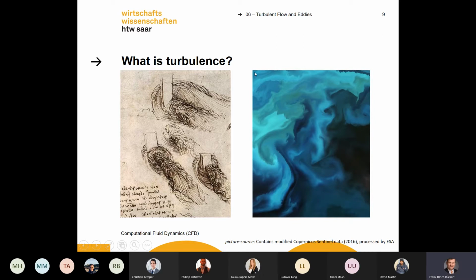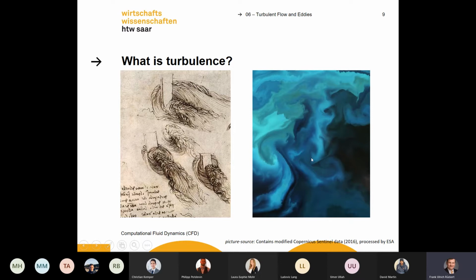Here on the right side, you see another picture. I copied the picture to the slides because I think it is really nice, and it also shows turbulent flow. You can imagine these are swirls, this is turbulence, and it looks really pretty. I think you can never imagine what it is. It is a satellite picture of the ocean.